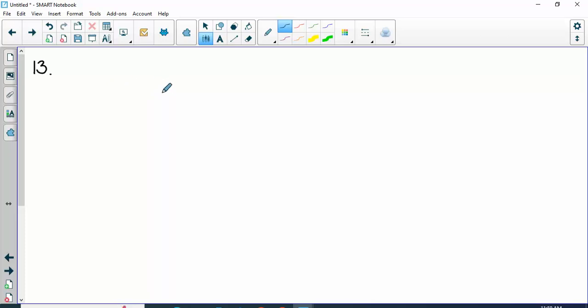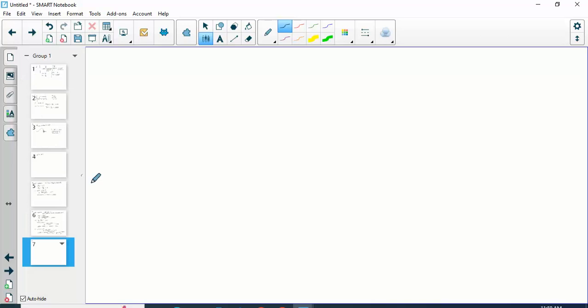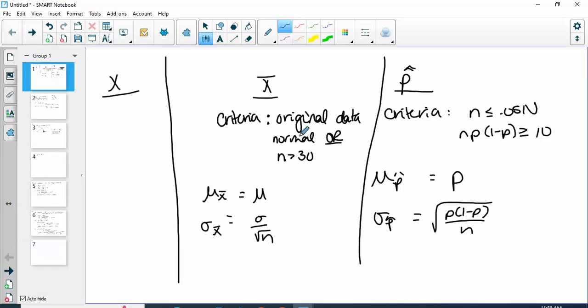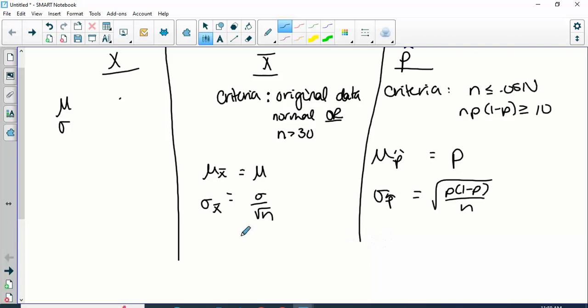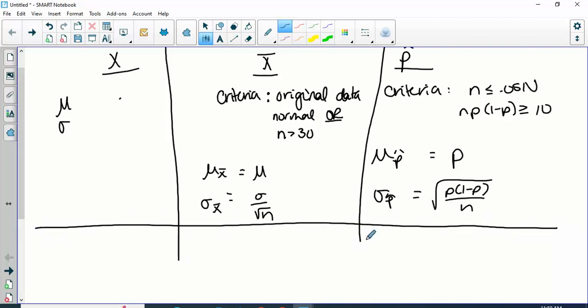So with these, the other thing we need to watch, kind of back to our list of things to remember, when we are talking about the x-bar and the p-hat, we can do confidence intervals, right? But the difference is one of them uses z and one uses t when you're doing your confidence interval.